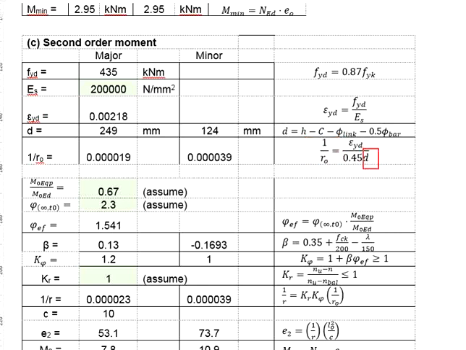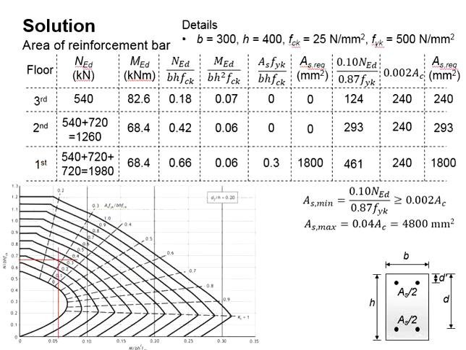Here you will need the effective depth. This will be the column dimension minus the concrete cover minus the shear link minus half of the bar size. You need the effective depth in the major and in the minor axis. That means you need to get another effective depth here.